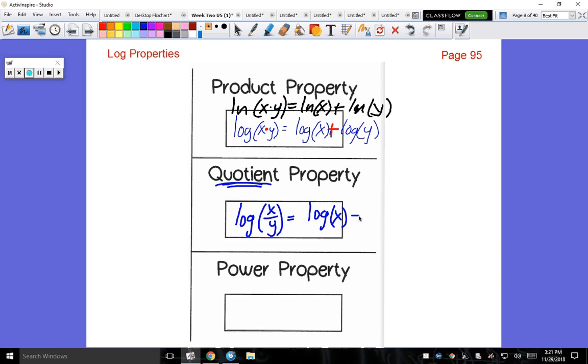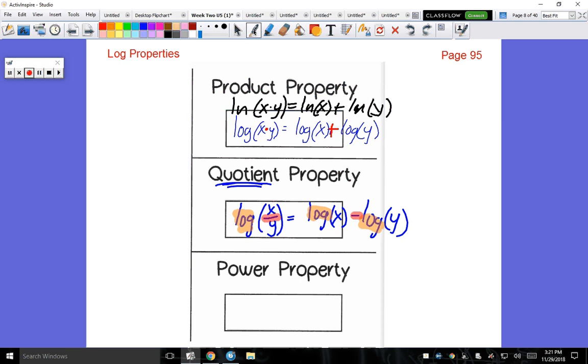They would just write y, not log of y. Make sure that you understand 1 log becomes 2 logs if you're going this direction. And yes, of course, the division is subtraction.